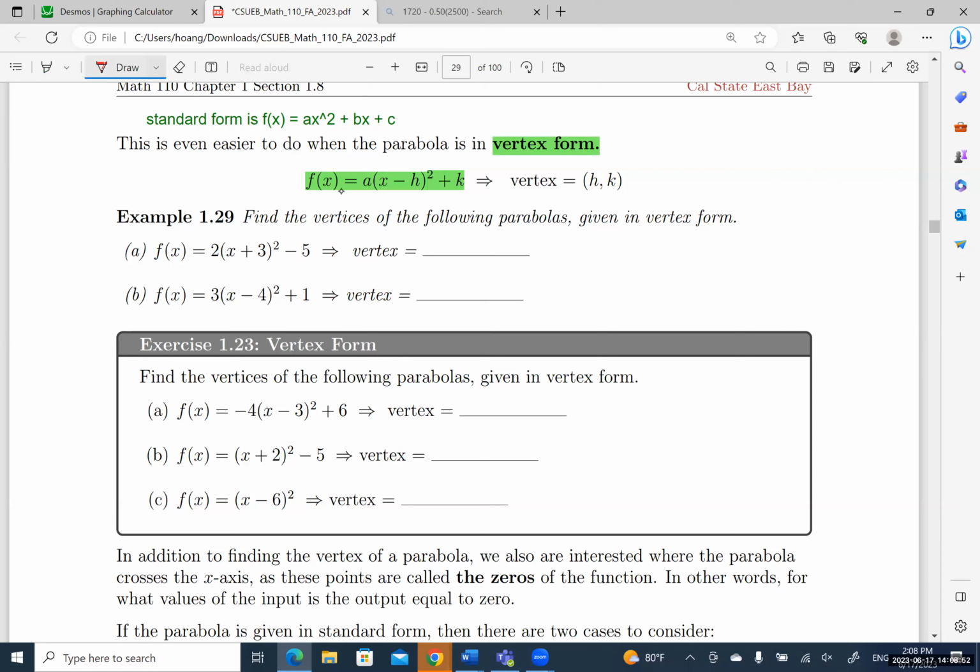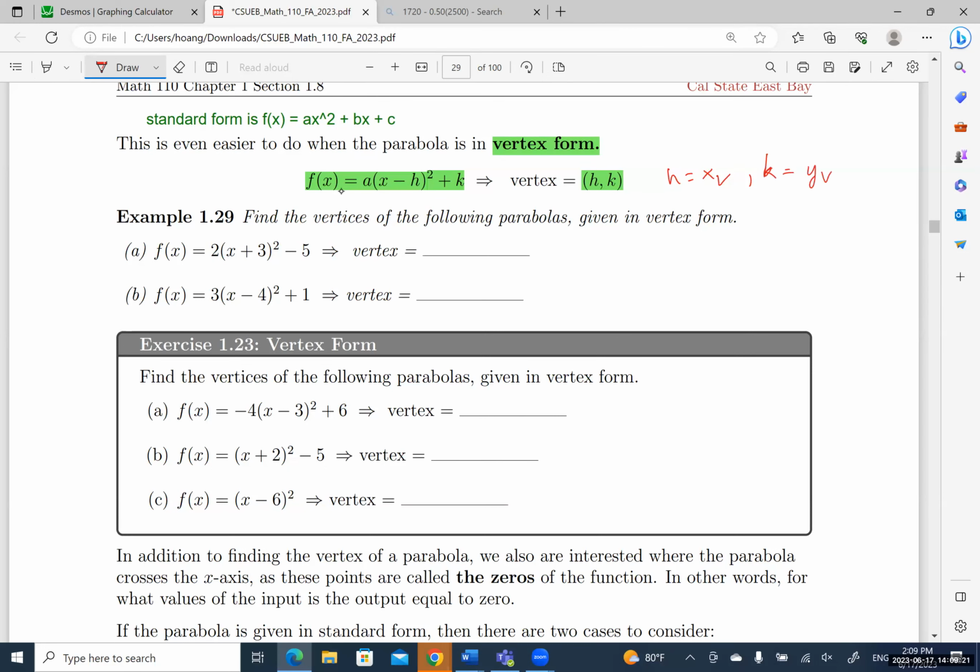Now we have something for the vertex, which is h and k, right? So keep in mind that h is actually xv and k is actually yv, right?